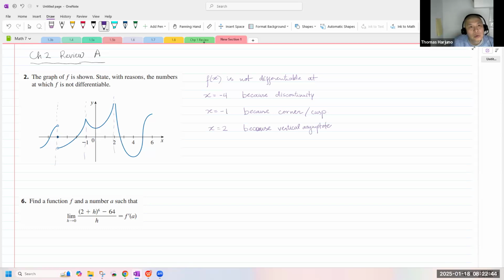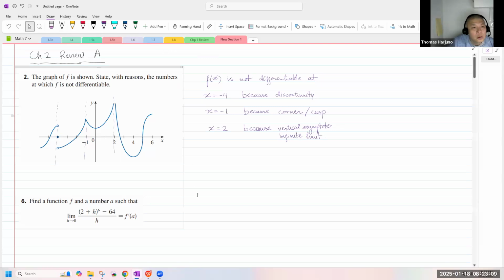Or I think we can also say because of the infinite limit. No, I don't like the term infinite value. Infinite limit is more appropriate. Okay, that's for number 2.